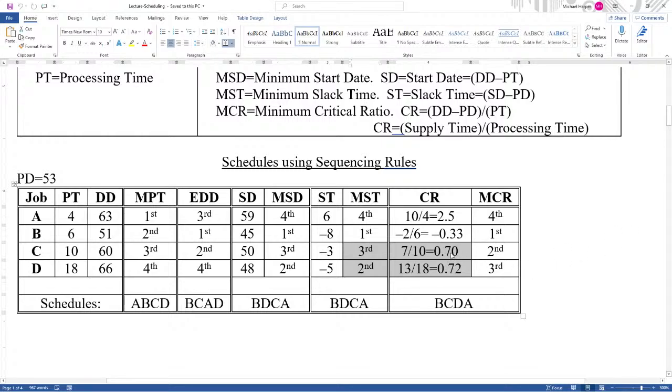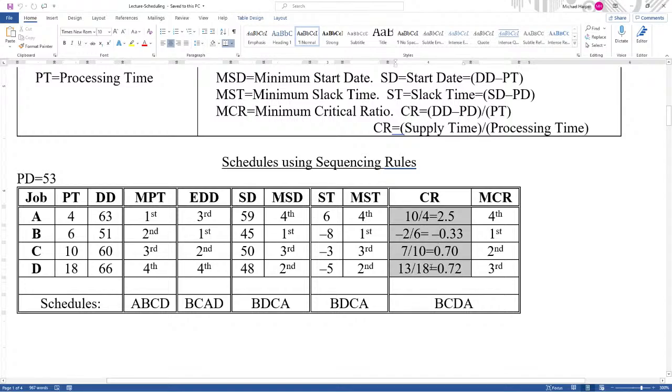So when the critical ratio is between 0 and 1, you're going to be late if you start today. Now, notice that for job B, the due date is 51, the present date is 53. So on the present date of 53, the due date was 2 days ago. So you're already late before you even start. Well, that's a negative critical ratio. A negative critical ratio means you're already late before you even start.